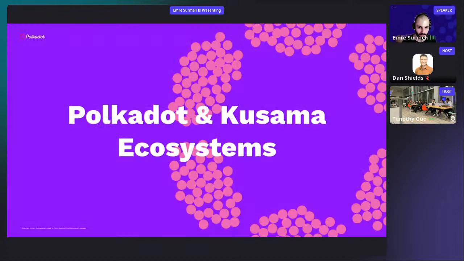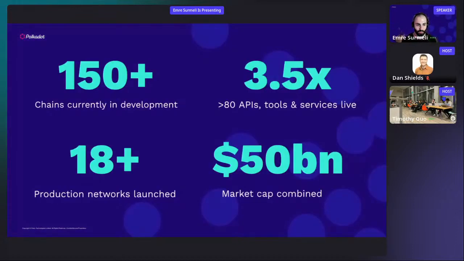Okay, so where are we at now? Recently something came out saying that the number of developers in our ecosystem is second to Ethereum's. It's growing exponentially.